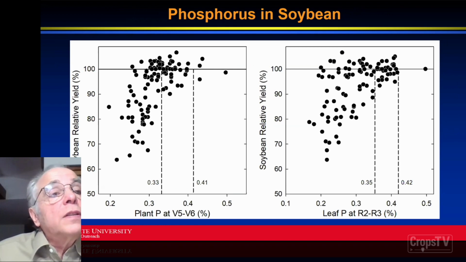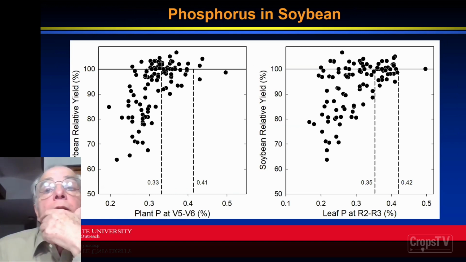Now, this is not bushels, this is relative yield response, okay? So 100 means that further increase in the concentration does not affect yield within some error. That's what it means. Now, I put here two vertical dotted lines.